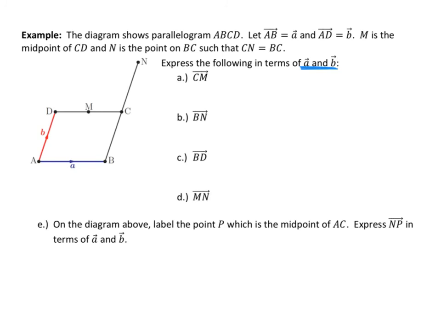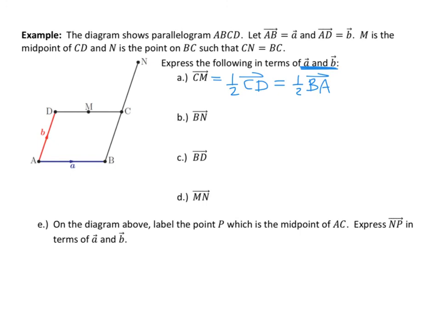So CM is right here. It looks to me like CM is half of CD. And so we could even write that down. We could write down that this is half of CD. But CD is the exact same thing as BA, right?